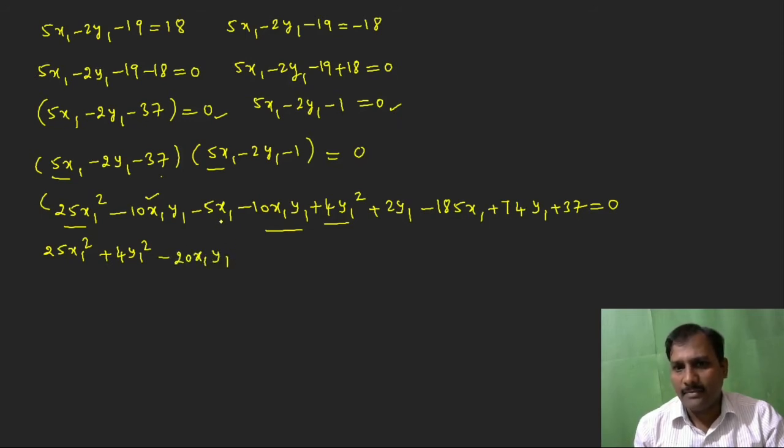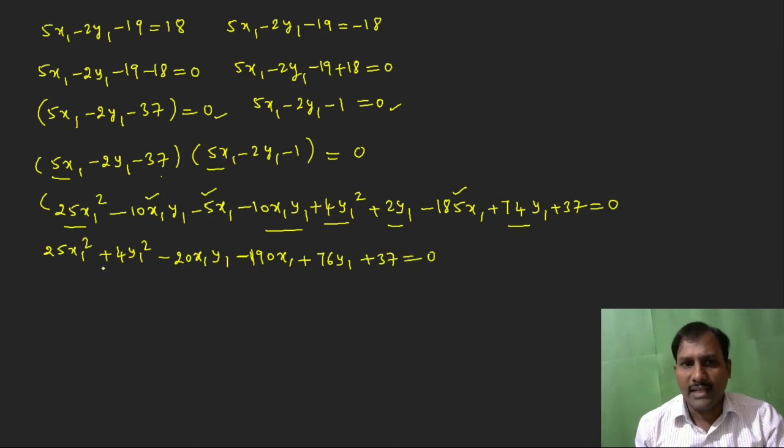Then x terms, minus 5x1 minus 185x1, that is minus 190x1. Then y1, 2y1 plus 74y1, that is plus 76y1. Next, the constants, we have only one constant, that is plus 37, equal to 0.